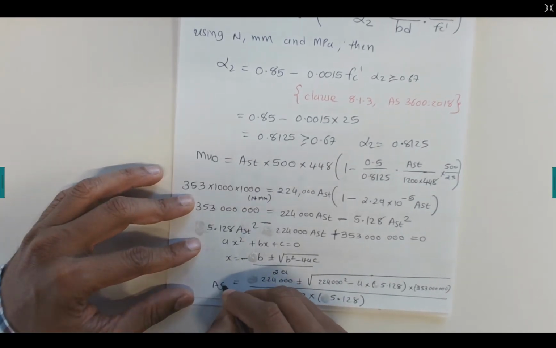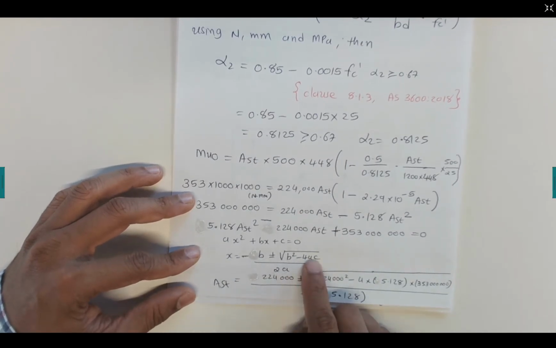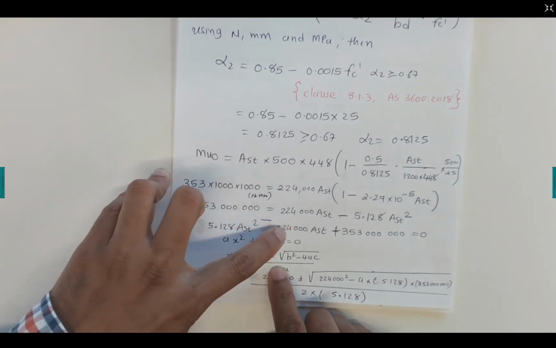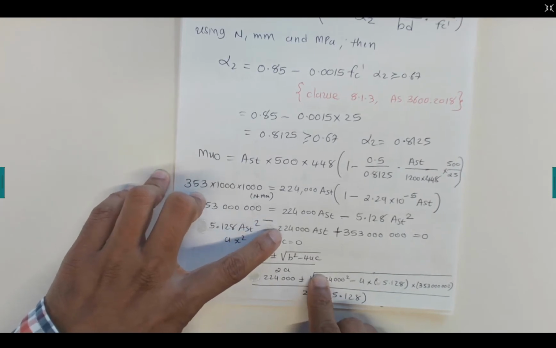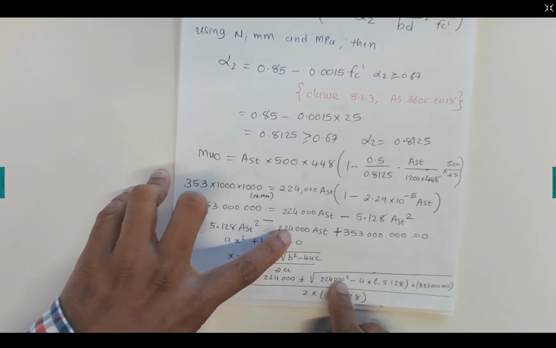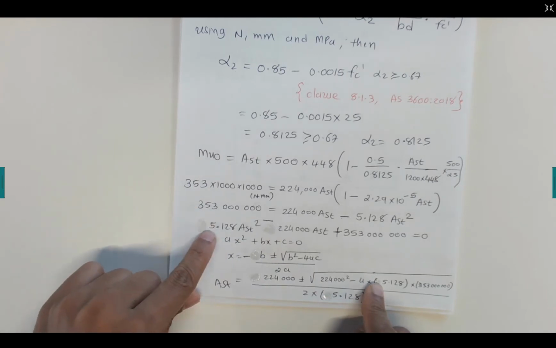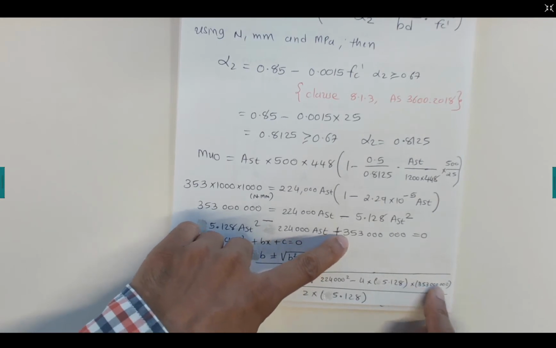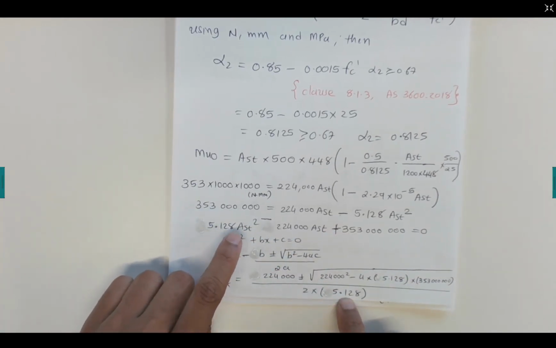So AST can be found by the quadratic equation, minus b plus or minus the square root of b squared minus 4ac, over 2a, where b is minus 224 times 10 to the power 3, plus or minus the square root of 224 times 10 to the power 3 squared minus 4 times a, which is 5.125, times c, which is 353 times 10 to the power 6, divided by 2a, which is 5.125.